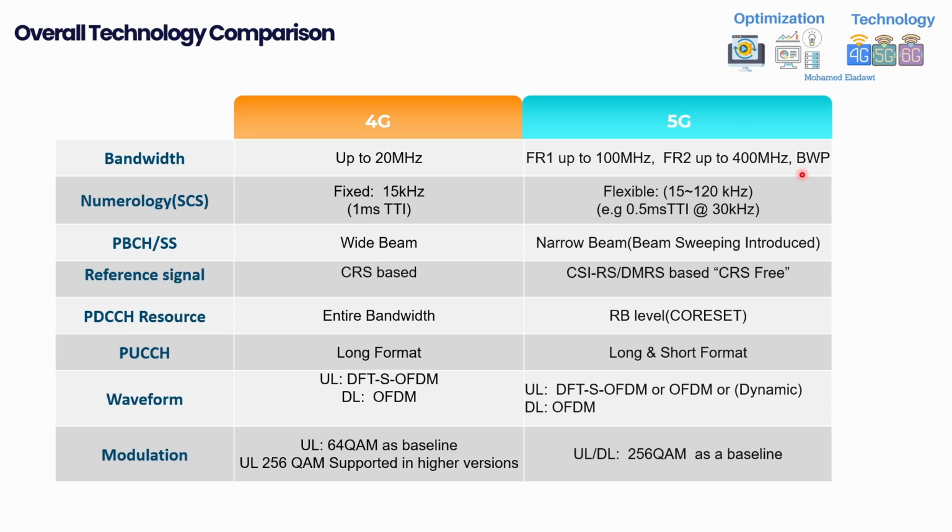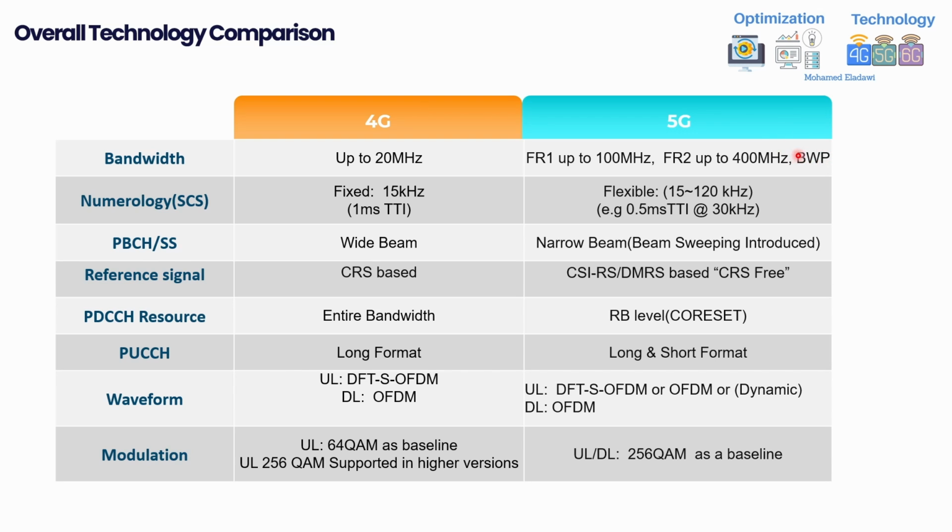And also there is a new concept introduced in 5G called bandwidth part. This is also one of the core differences, and it has many different applications, which we will go through in detail later on.